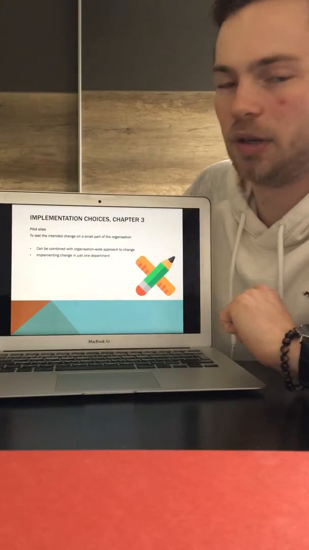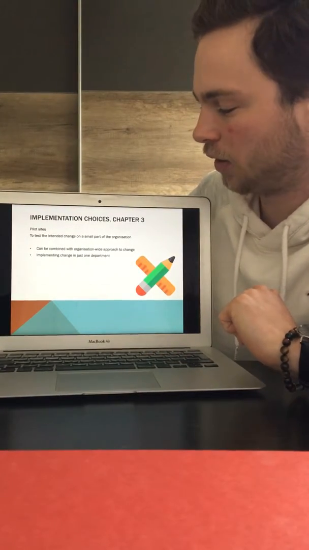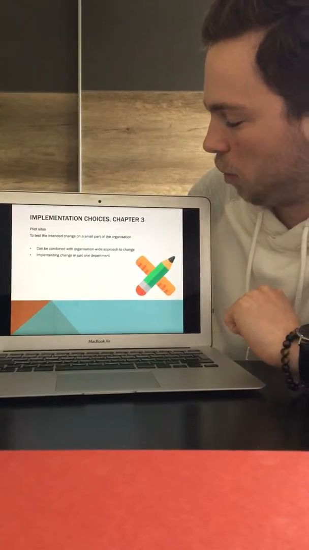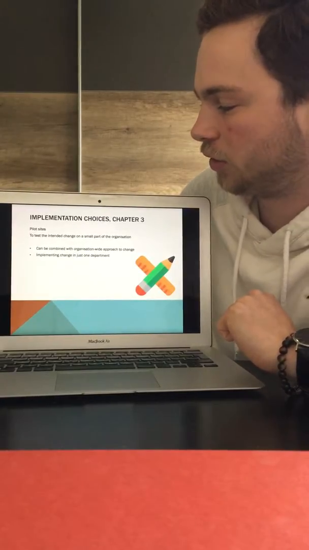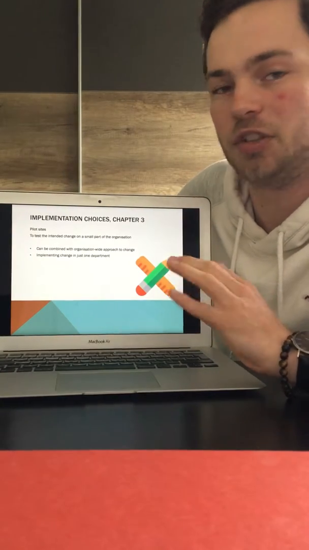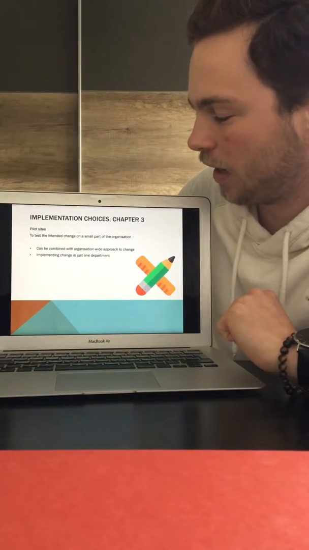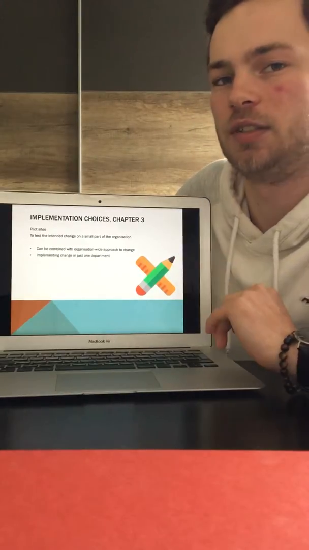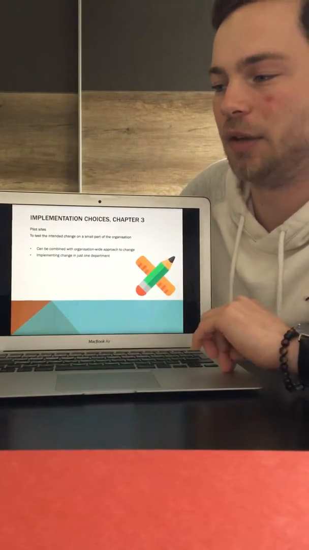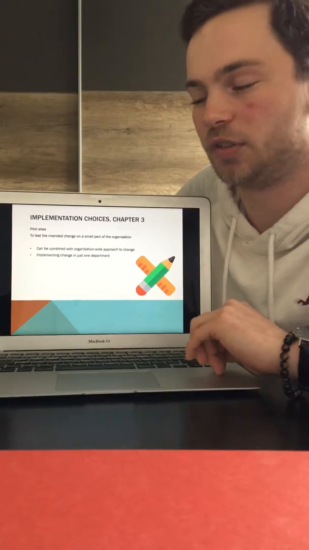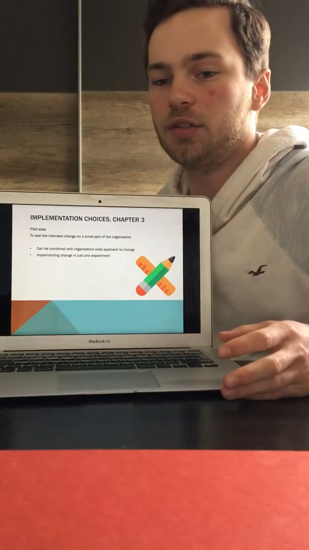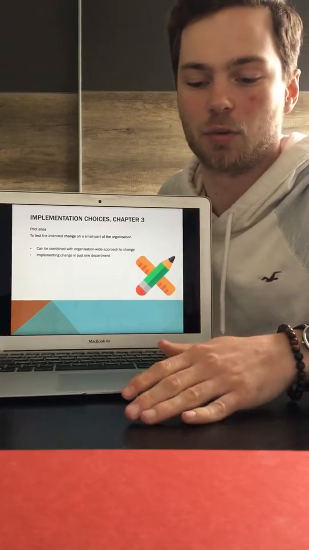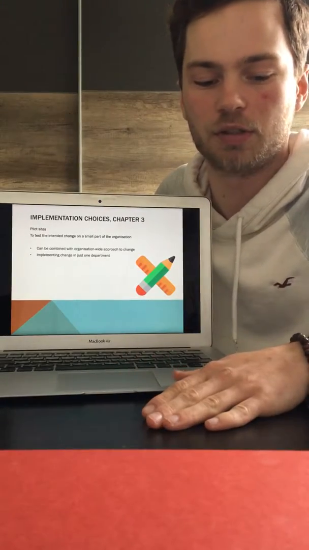So the last one is pilot sites, if I'm correct, and this is to test the intended change on a small part of the organization. So a pilot is a small test, and well, it's actually to see if the change benefits a small part of the organization, and if it does, then you can implement the change on different or more parts of the organization.